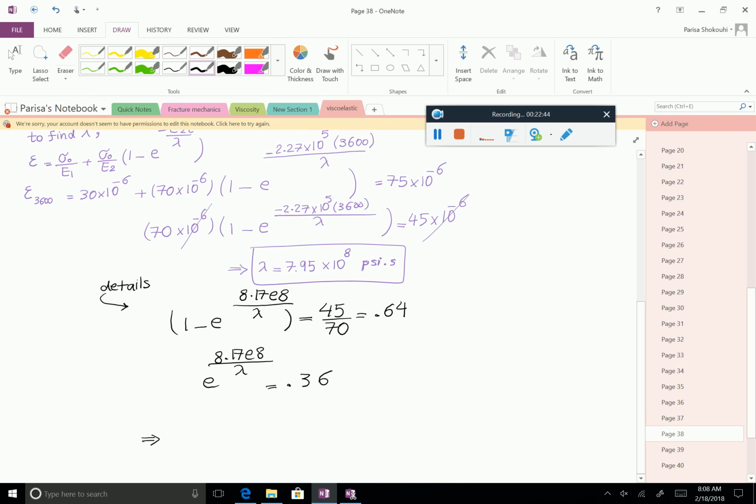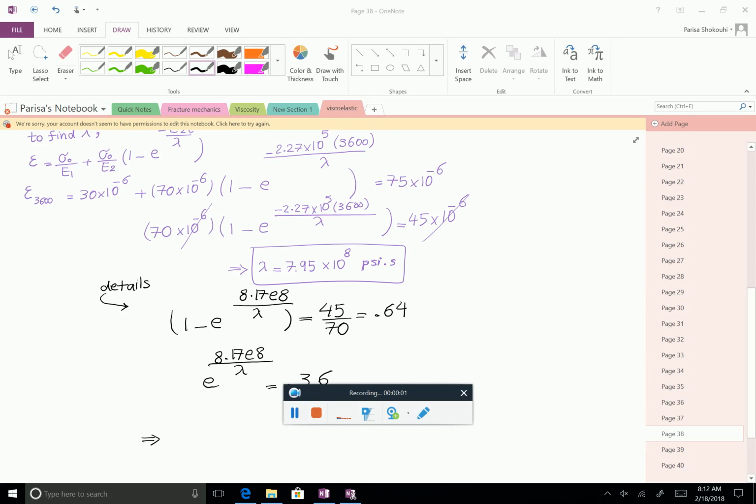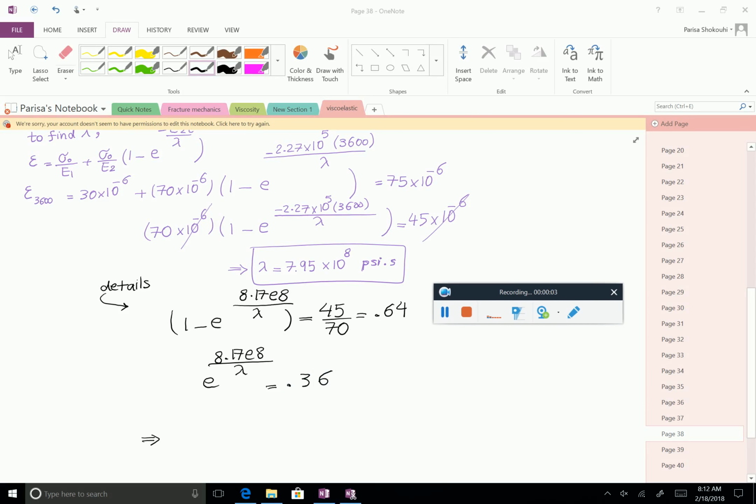what we need to do is basically to take natural logarithm of. So back here again.